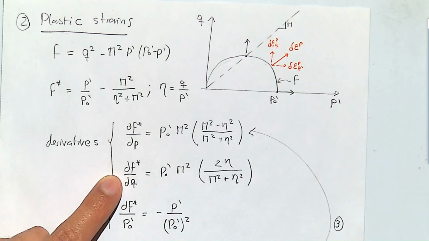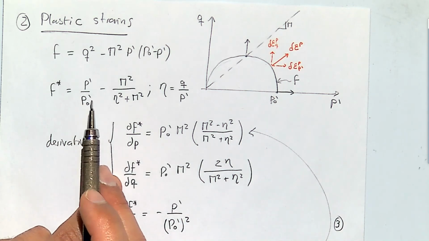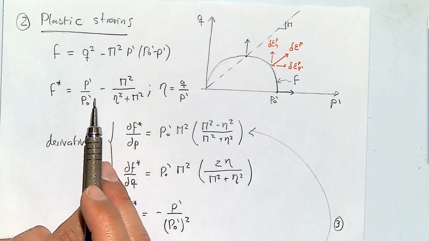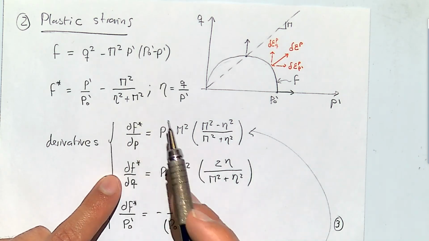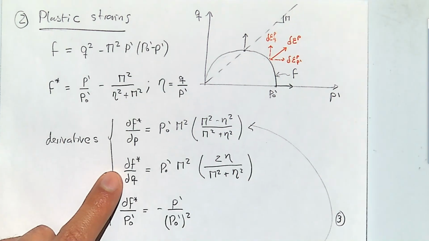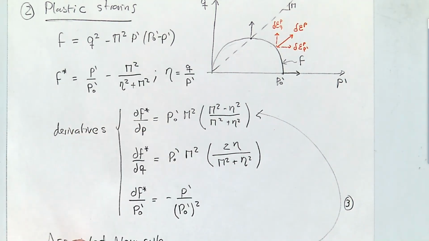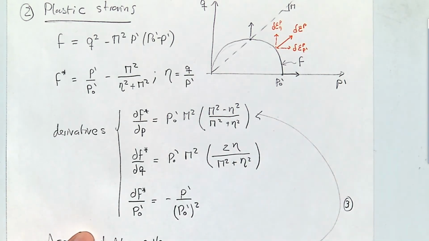And F star is the new yield surface? It's the same yield surface. It's just the yield surface expressed a little bit differently, equating some terms. But it's exactly the same thing. It's just a more convenient form to express all of these equations.